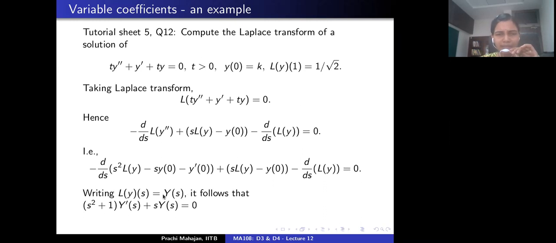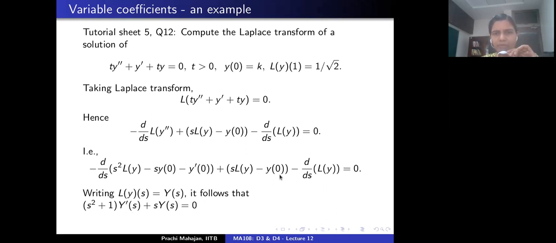Now it is easier to introduce this notation here. I am going to denote the Laplace transform of y as capital Y. So what is happening? This term is the derivative of s, so you have a 1 here, and this term also will contribute to the derivative of capital Y. So you will have a 2s minus 2s Laplace transform of y, and a minus s square derivative of the Laplace transform of y.